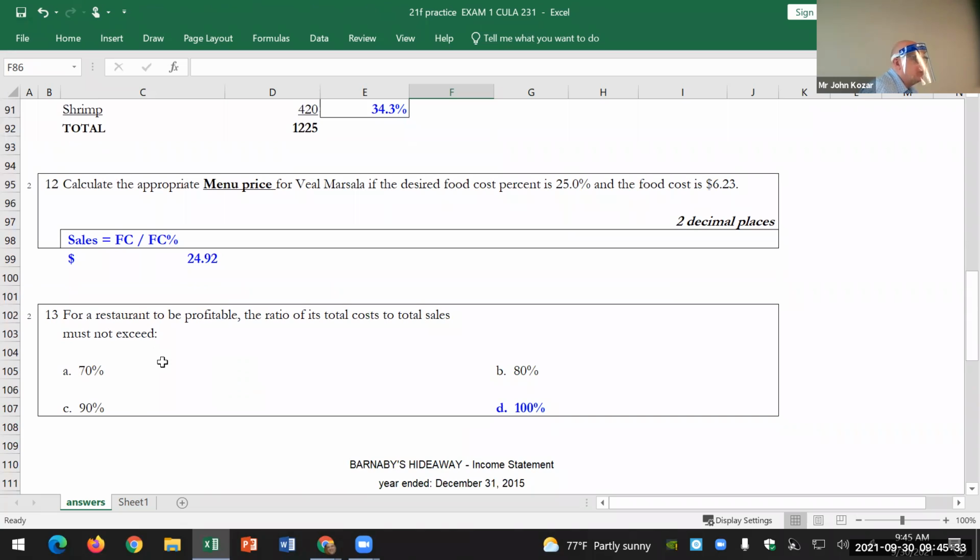Next one. For a restaurant to be profitable, the ratio of its total cost to total sales must not exceed 100% is the correct answer. When I was thinking about it, technically at 100% you're breaking even, so you're not profitable. So I will reword that question if I put it on the exam.